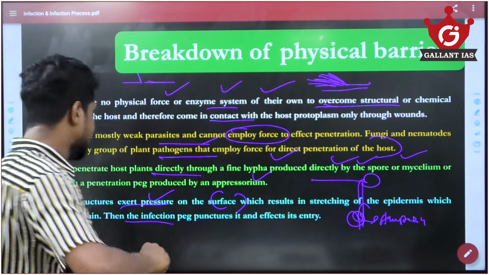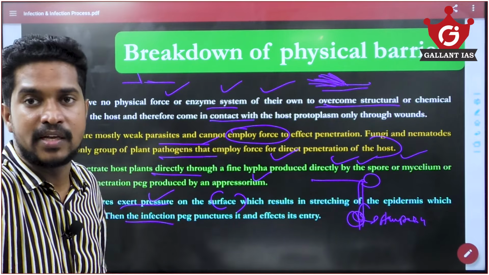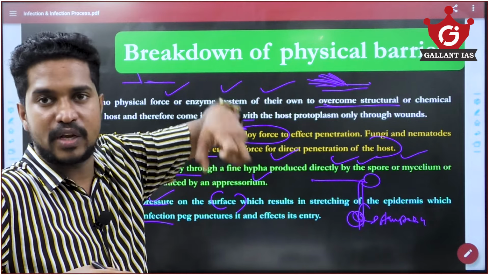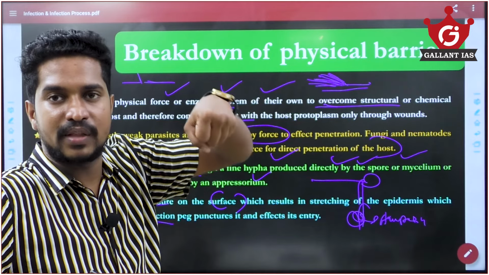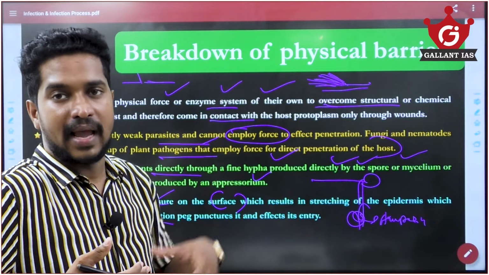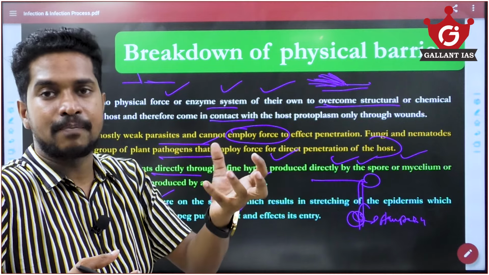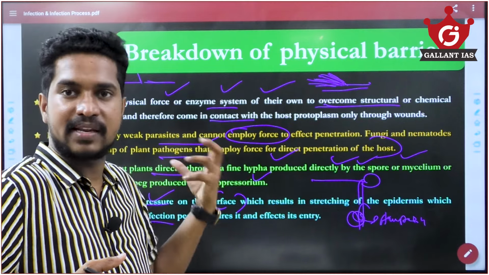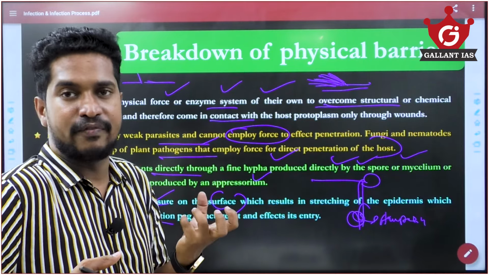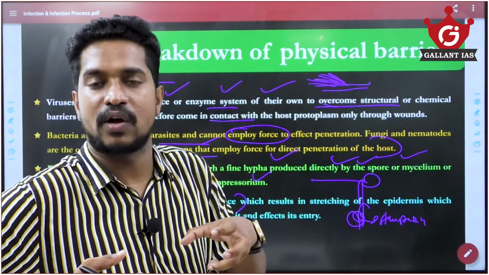So when it becomes thin, the infection peg punctures it and effects its entry. The penetration peg pierces into that thin region and enters inside the host plant, so that it can come in contact with the host cells or tissues and infect them. In the case of fungi, they can absorb their mineral sources and nutrients from the host cells through the haustoria.